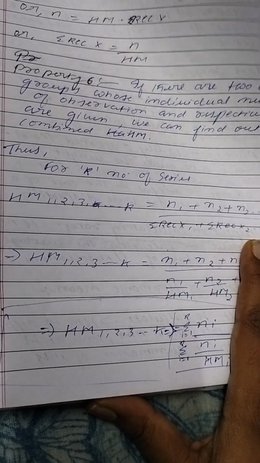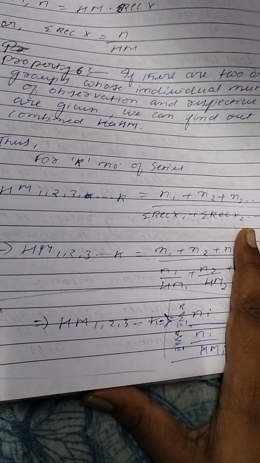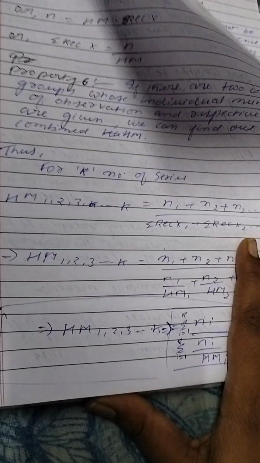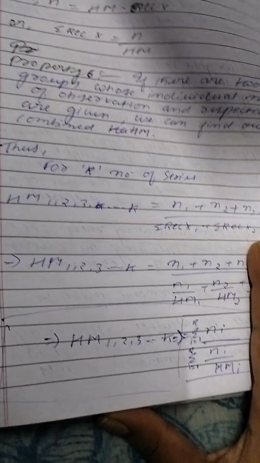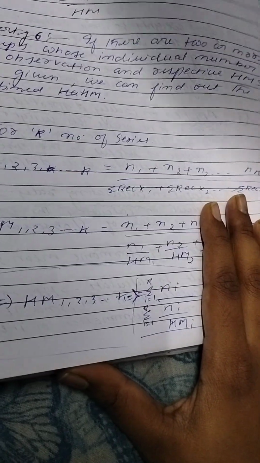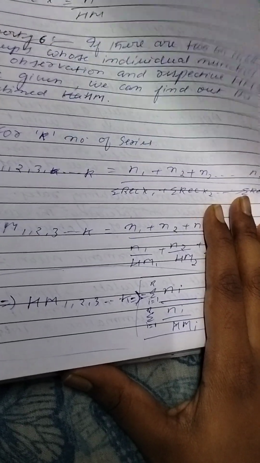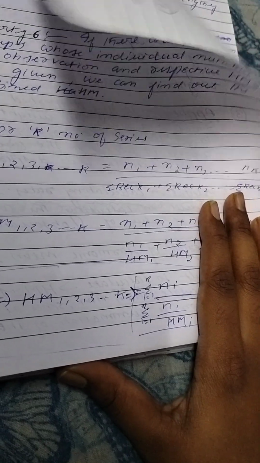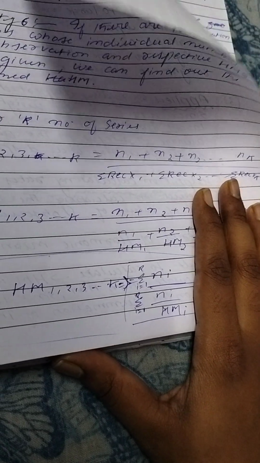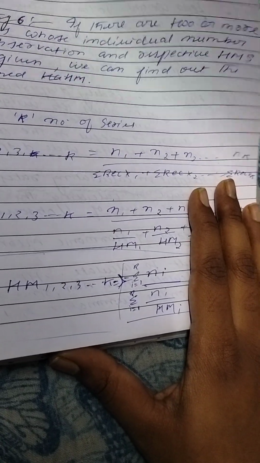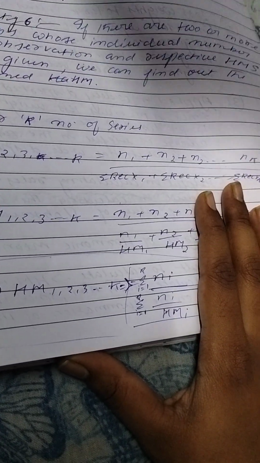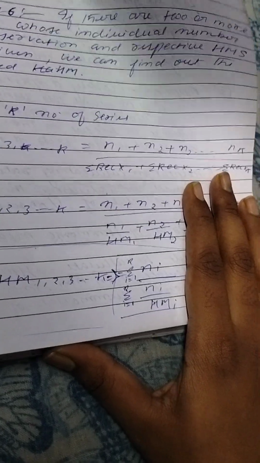And thus for k number of series, let's suppose k number of series, we generally write n for the number of observations, and for the number of series we simply write k in the holistic view.